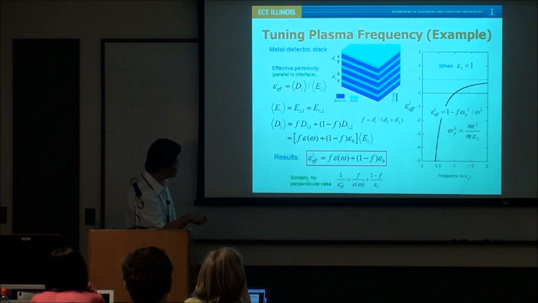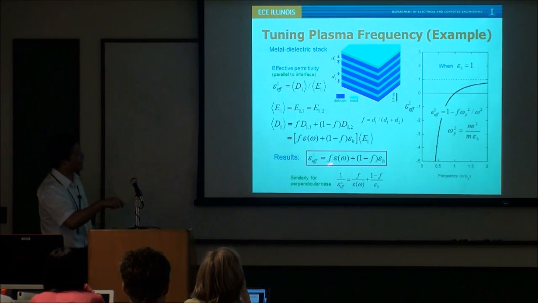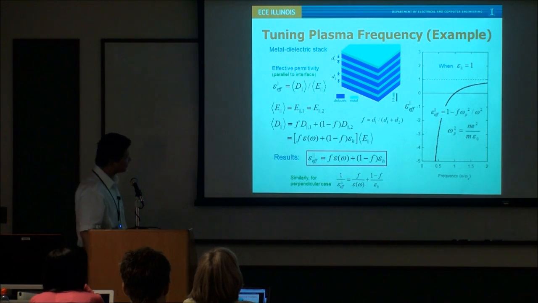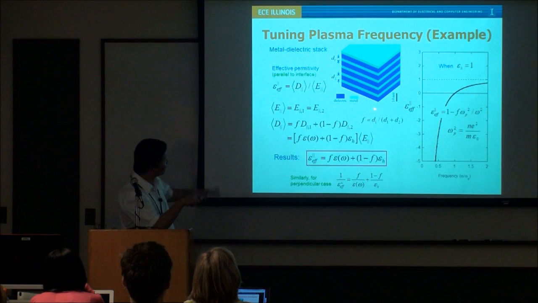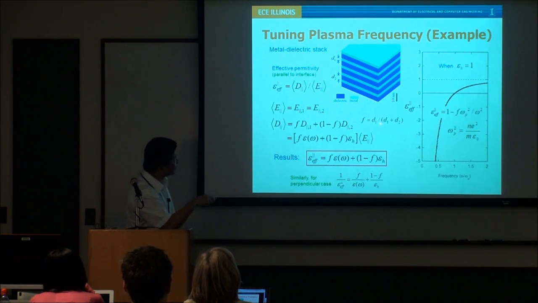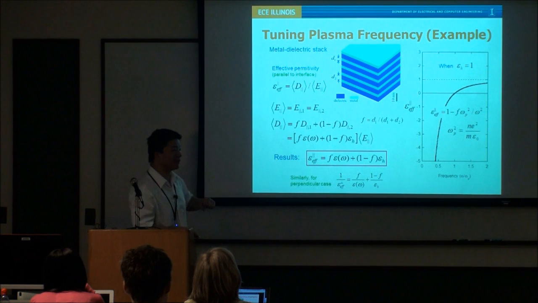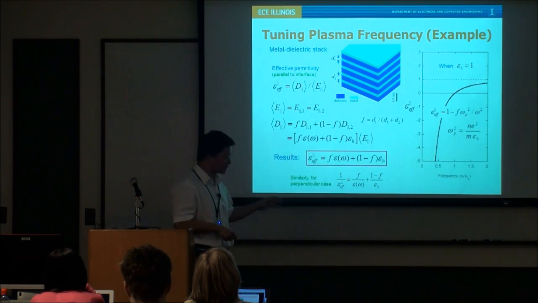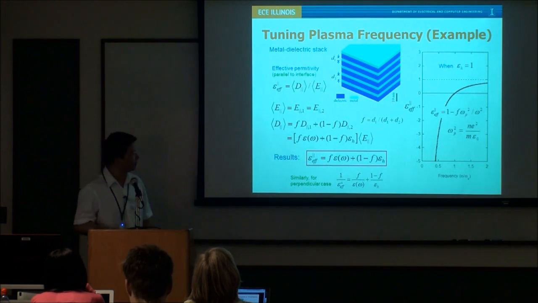Here, the result is that the effective permittivity equals F times the metal permittivity plus the remainder from the dielectric. F is the so-called fraction number. The fraction number is defined by the proportion of, in this case, metal in that metamaterial. For example, if you have 50% metal and 50% dielectric, then your F number should be 0.5, right?